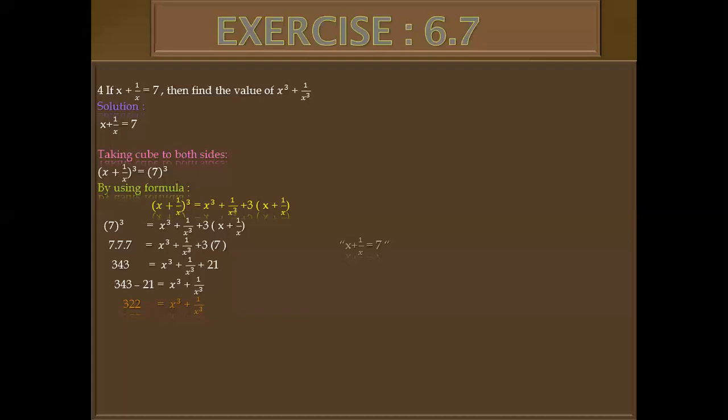When we shift 21 to the other side, it will be minus 21. Subtract both the numbers, 343 and 21. 322 will be the answer of x cube plus 1 over x cube.